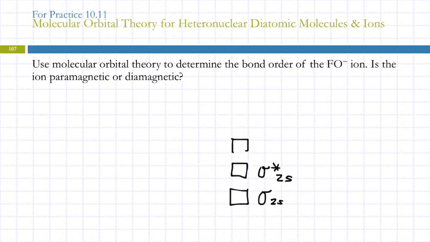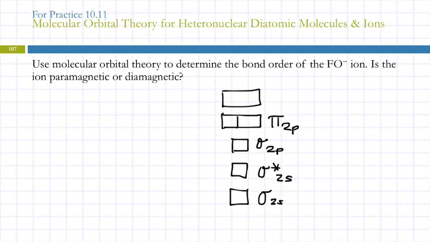So the regular order is the sigma 2p, and then we've got 2 here. That's pi 2p. Then we've got pi star 2p and sigma star 2p. It's a lot easier to just draw the molecular orbitals in the middle.